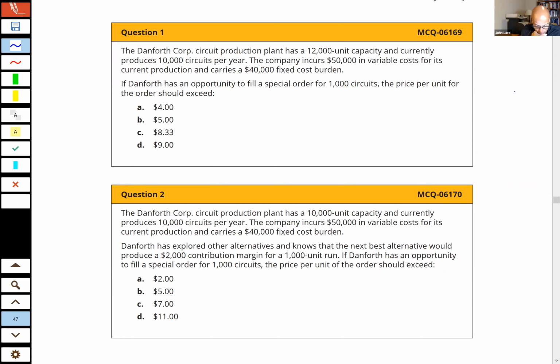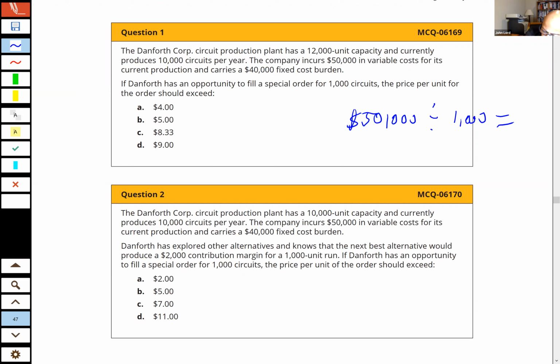And so we've got an opportunity to sell these additional 1,000 units, and we're not going to upset any of our operations, right? Incur any additional fixed cost at all. And so what happens? We would just take the variable costs, which are 50,000, divide that by the 1,000 circuits.